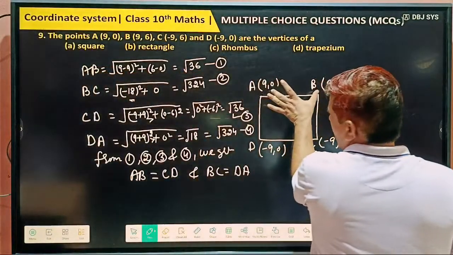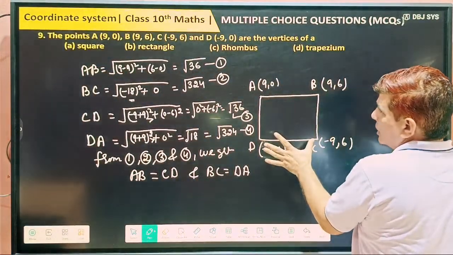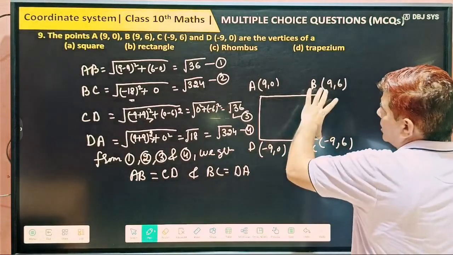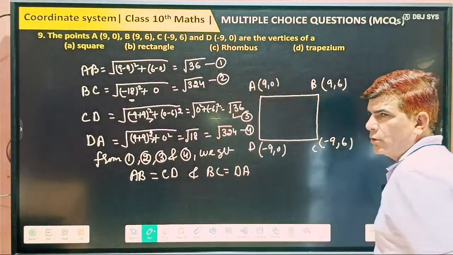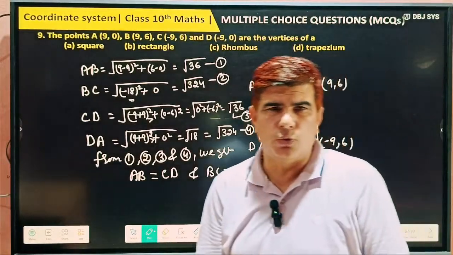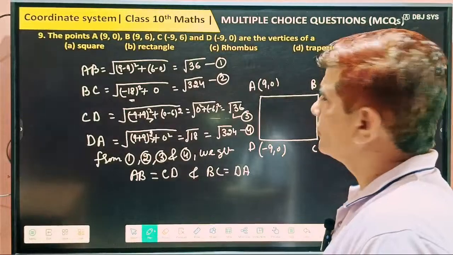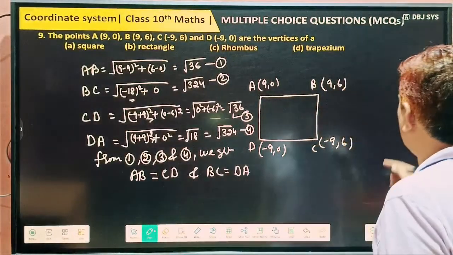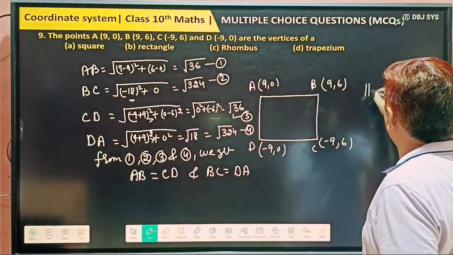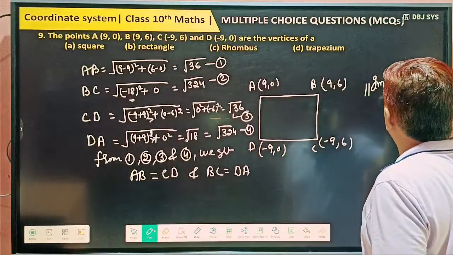So we have a quadrilateral whose opposite sides are equal. So either it is a parallelogram or a rectangle.